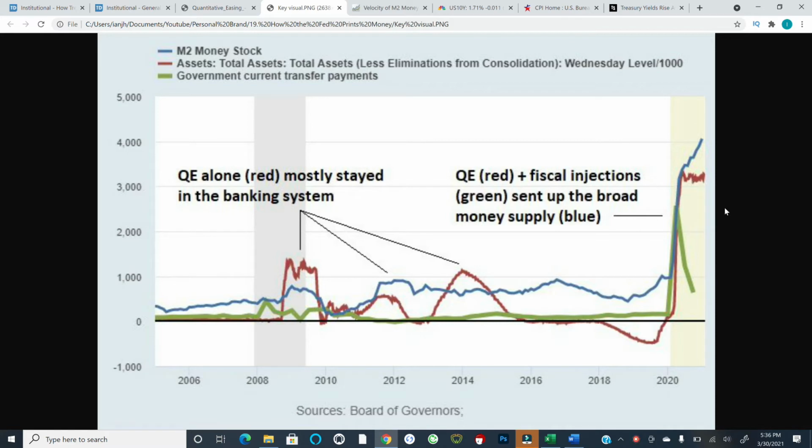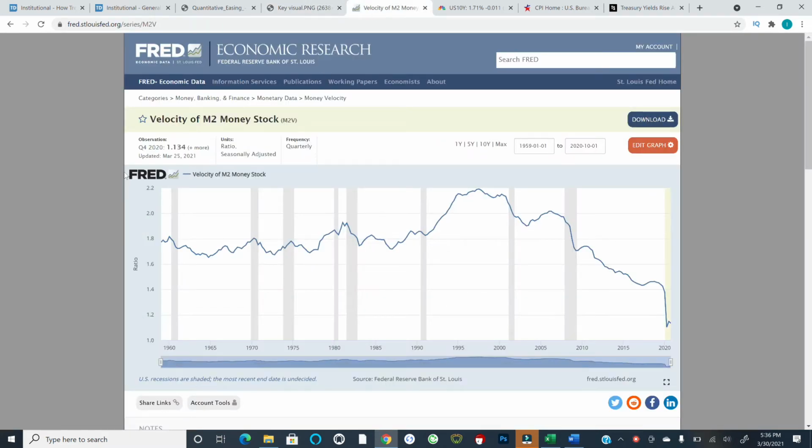The other factor that, of course, matters when it comes to will we see inflation or not is the velocity of money as well. And so if I go over to this other view, this is directly from the St. Louis Fed, the database that they keep, velocity of M2 money stock. So this is basically measuring the rate at which currency units in the economy are changing hands. And as you can see, it's gone down significantly with COVID.